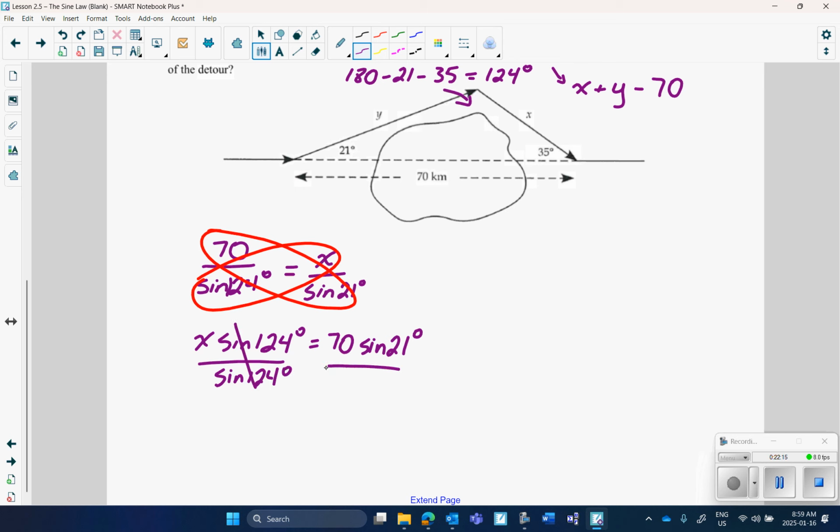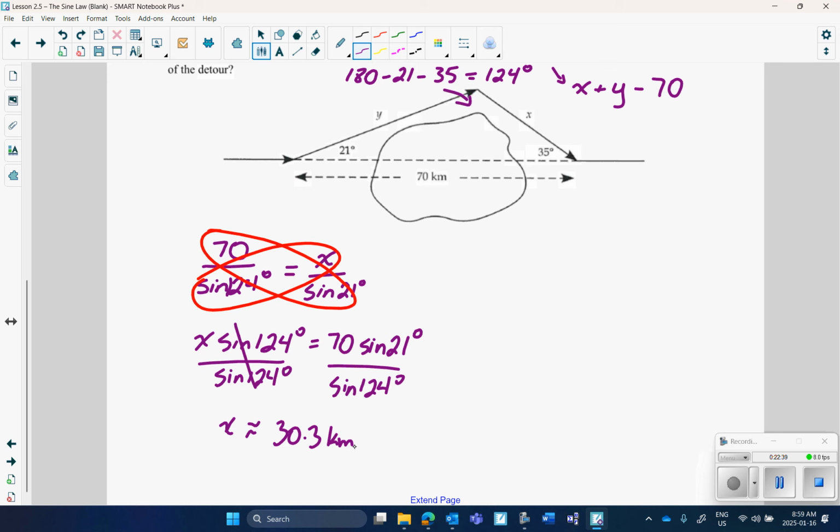Get X by itself. Put that all in the calculator, round to one decimal place, and we get 30.3 kilometers. Just to remind us of units this time.